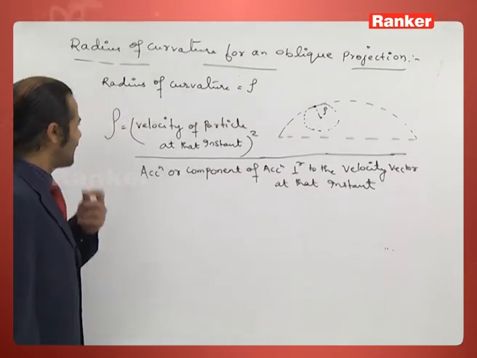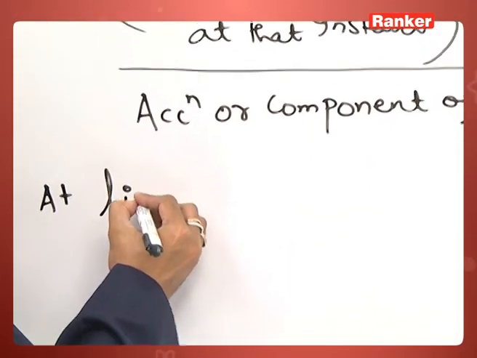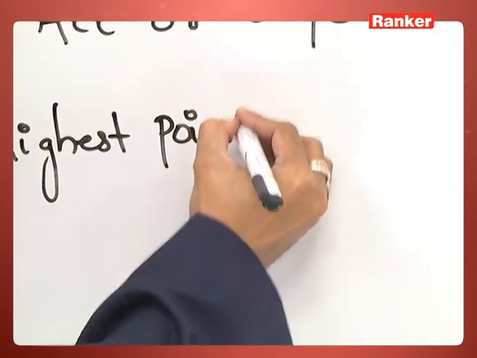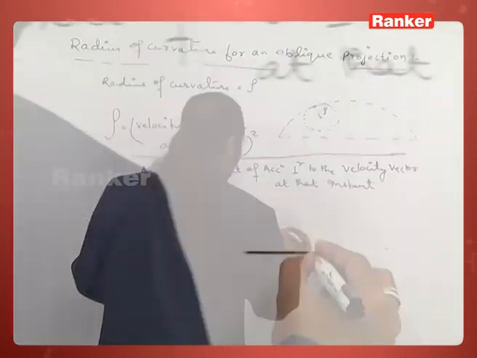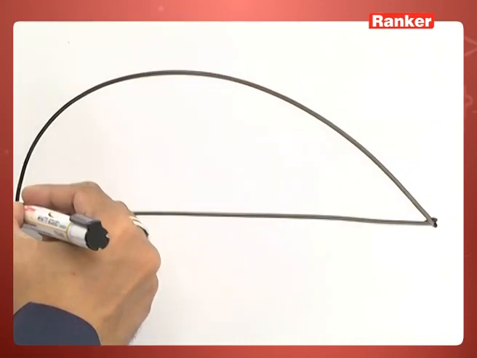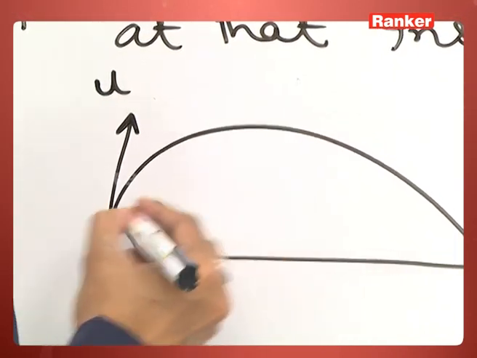So let us go with an example at highest point. At highest point, so the particle is projected with velocity u at an angle theta.